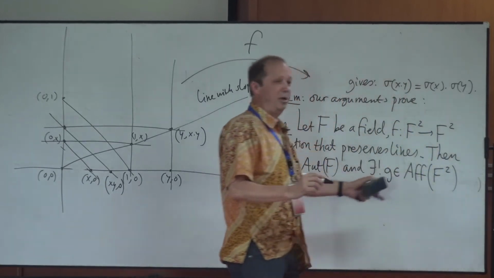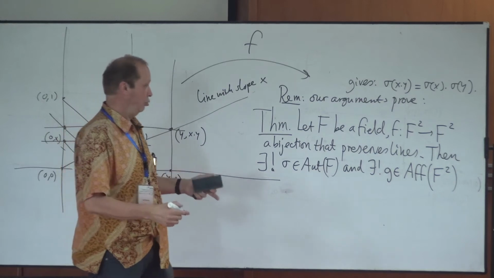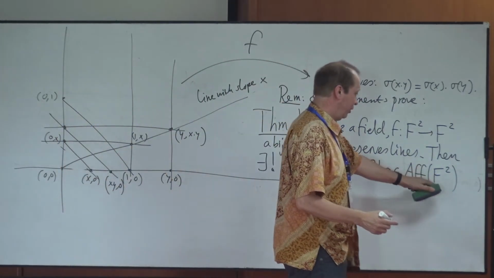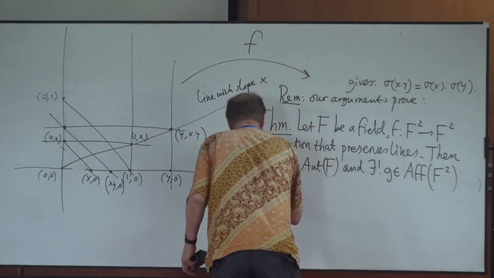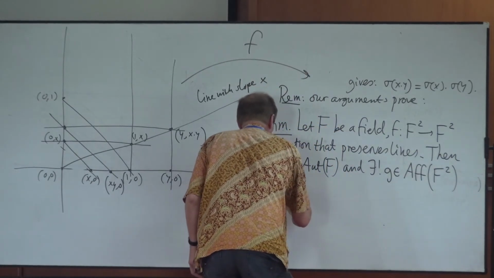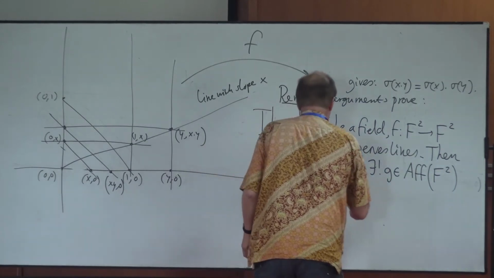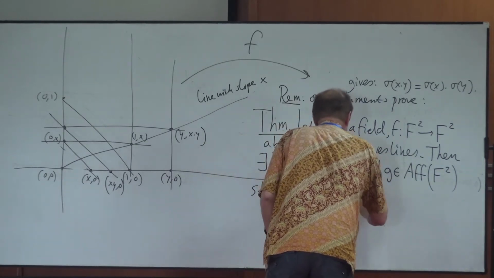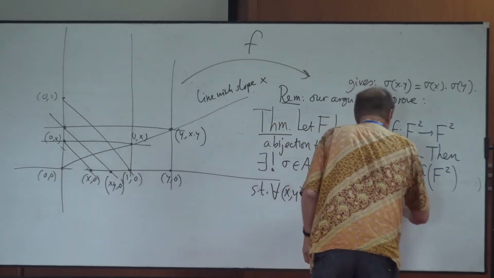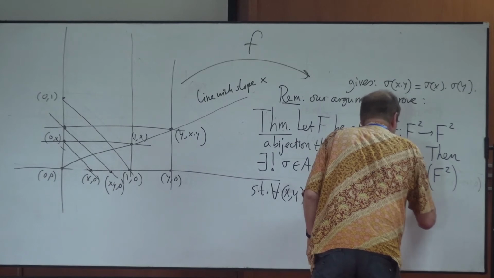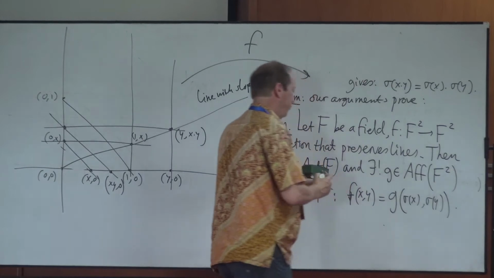This one is given by maps of the form X goes to AX plus B, with A a 2x2 invertible matrix with coefficients in F, and B an element of F², such that for all (x, y) in F², f of the point (x, y) is g of (sigma x, sigma y). I claim this is what we have proved.